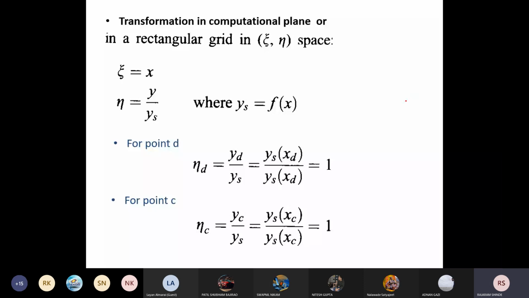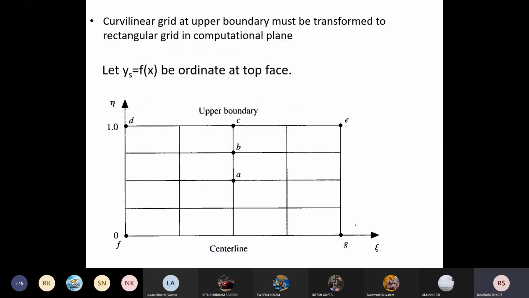Here I have written eta is equal to y upon ys, where ys is a function of x. Now again I will go back: eta is equal to y divided by ys.